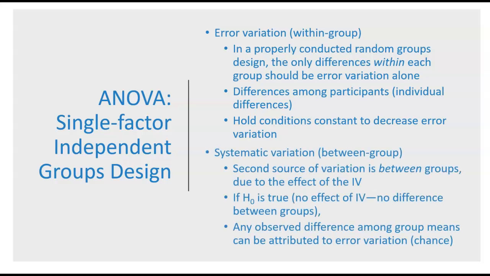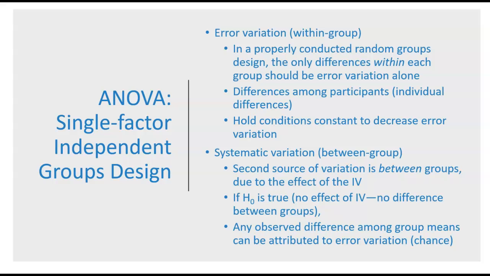Now, the other type of variation in the analysis is systematic variation or between group variation. If you remember in your palette homework, the output is divided up. You have some rows in your output tables that go with each of these types of variation. And when we get to the part of the chapter where we talk about the output table, that will become even more evident.